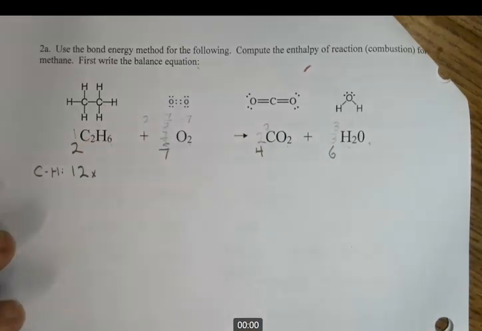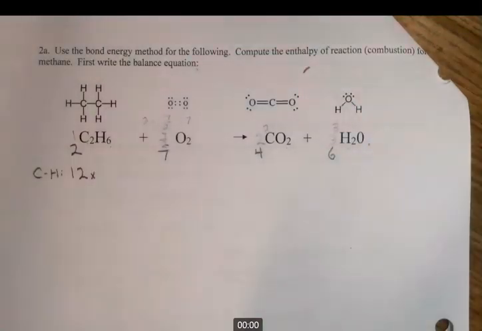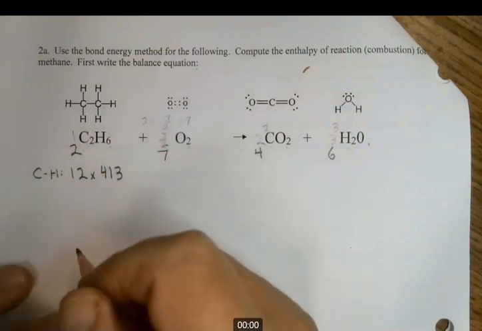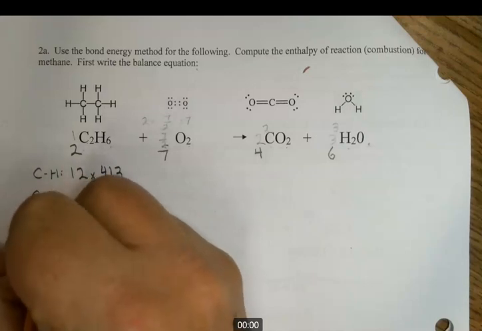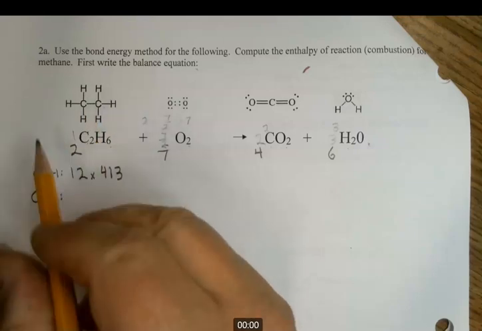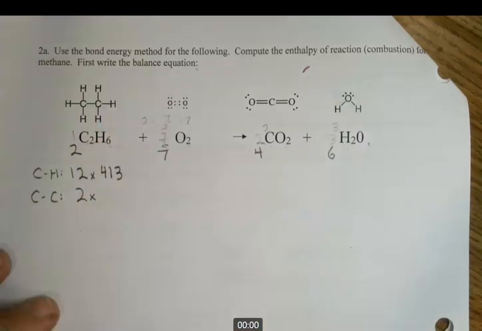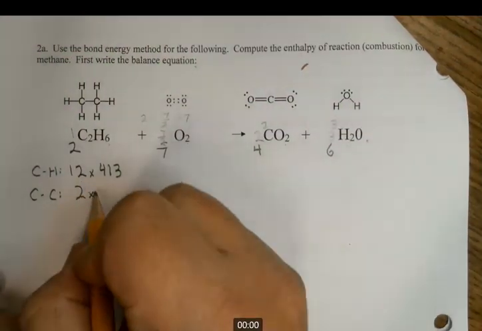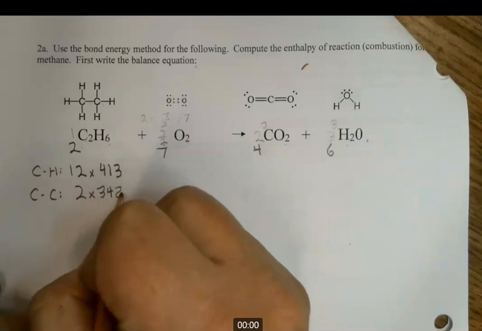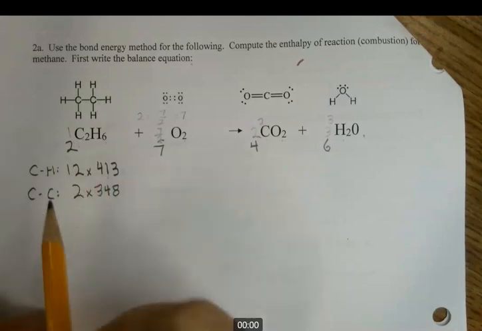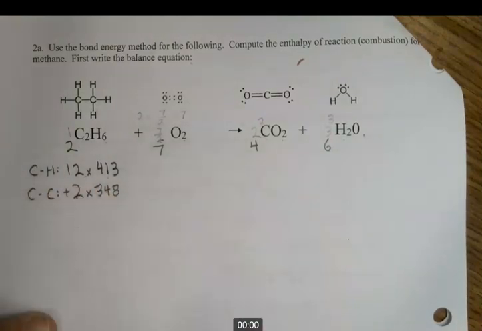And then each carbon-hydrogen, go back to your green sheet, is 413. That's a positive number because the energy has to go in to break the bonds. Then we have carbon-carbon. We have one of those, but we have 2 molecules, so we have 2 carbon-carbon bonds, and carbon-carbon is right there, 348. So what we're going to do is 12 times 413 plus 2 times 348.